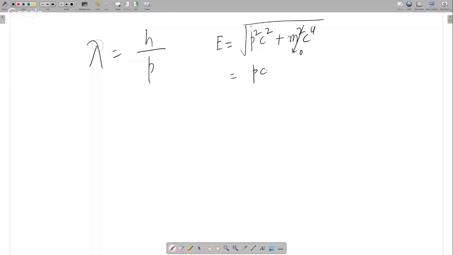We are not distinguishing between the plus and minus sign, which we can take care of later. So p equals E over c, so lambda is equal to hc over E. So that's the de Broglie wavelength.